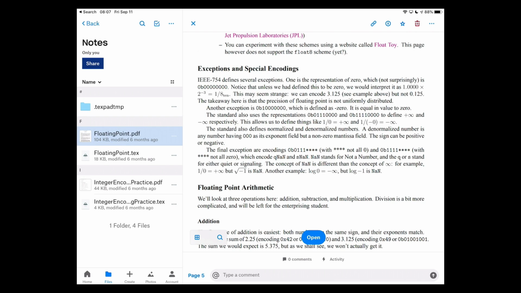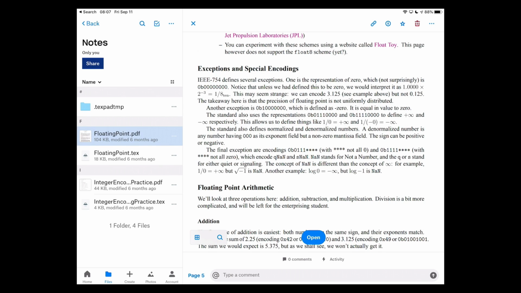It'd be -3 if it's all zeros, right? Because what's the exponent bias? 3, okay.